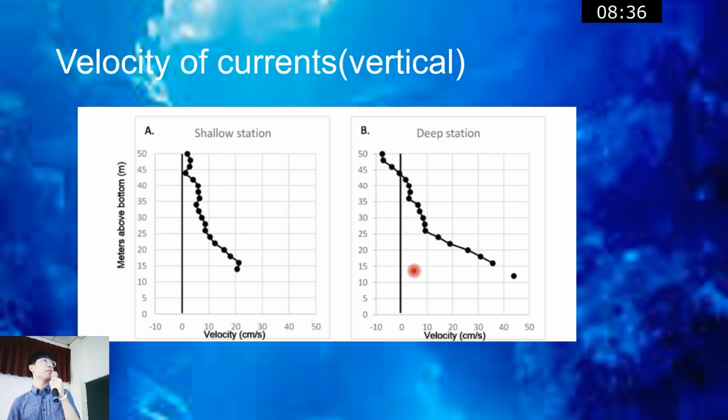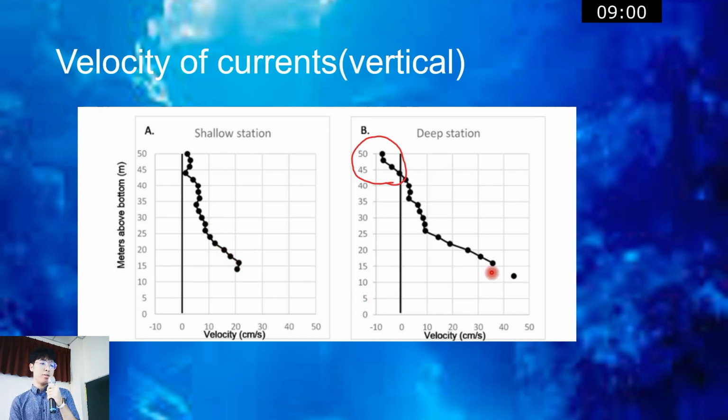And this is the velocity of currents. The velocity is vertical. The negative velocity means the current is upward and positive is downward. We can see the highest velocity is closer to the seafloor and then slower upward.